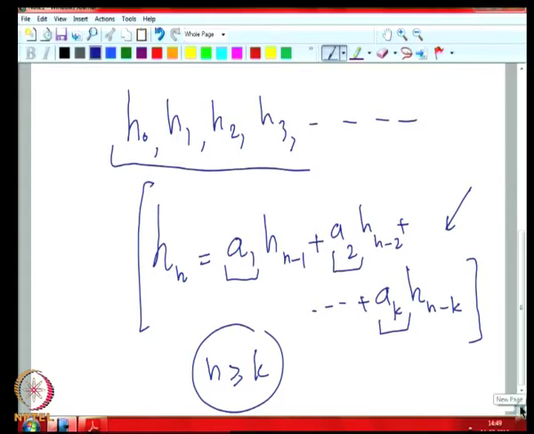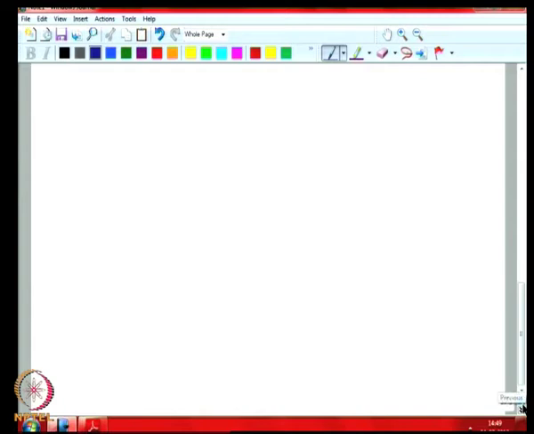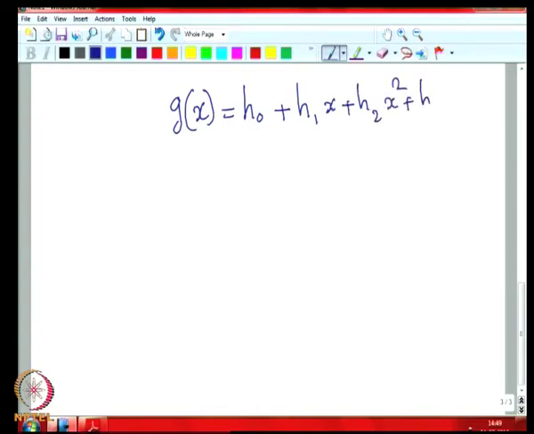So what we do is, suppose there is one such sequence, then g of x has to be like this: h0 plus h1 x plus h2 x square plus h3 x cube and so on. If at all such a sequence exists, g of x has to be like that.